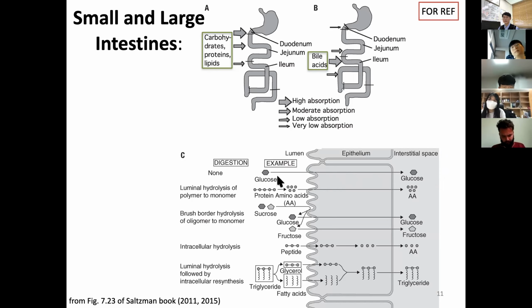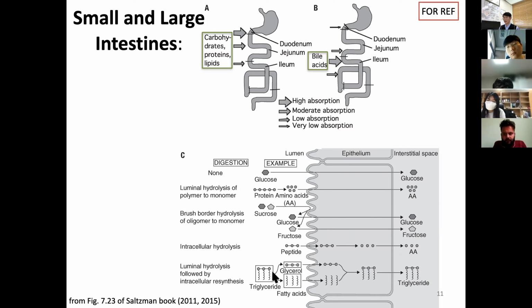So glucose passes through the epithelium via a transporter. Protein decomposes into amino acids, and the amino acids go through. Sucrose, which is a double sugar, decomposes into glucose and fructose, and these single units get absorbed. Polypeptides are decomposed into amino acids once they get in.